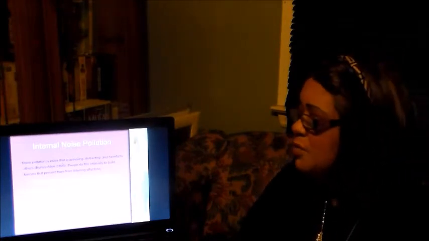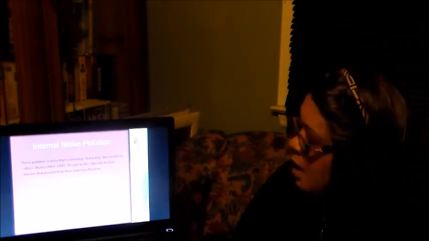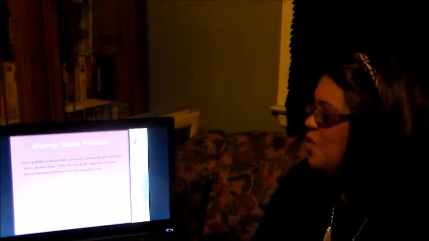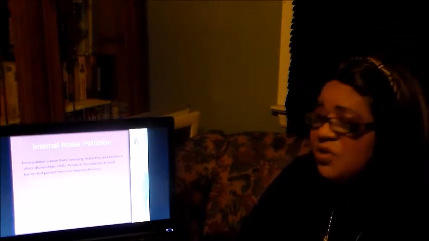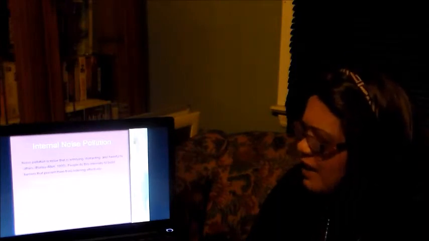And another barrier is the internal noise pollution. Internal noise pollution is anything that's annoying, distracting, or harmful to others, or harmful to the speaker, especially. The internal noise pollution can come from illnesses.